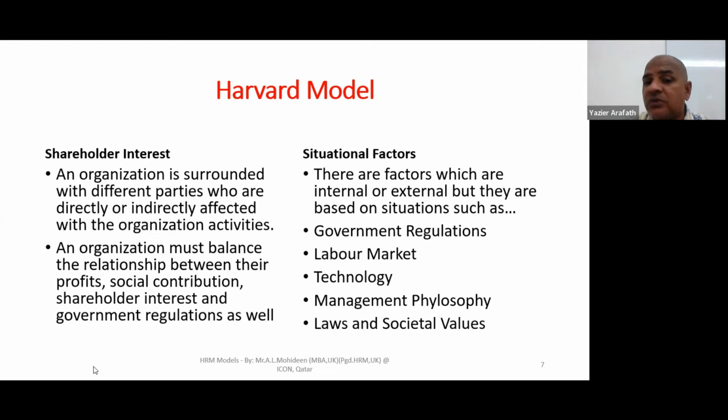I already talked about this, so I don't want to read. And the situational factors, there are factors internal and external, like government regulations are external, labor market, technological things, laws, some management philosophies. These are the things we have to consider. So based on the situation, we have to deal.